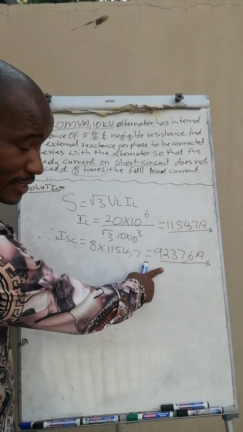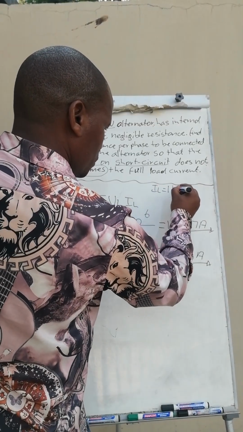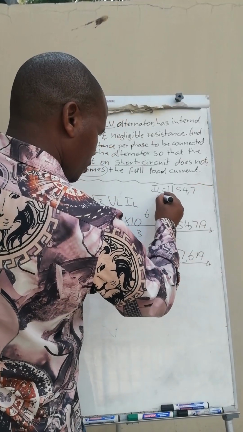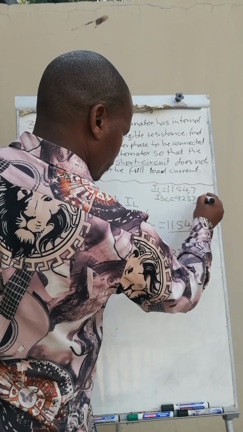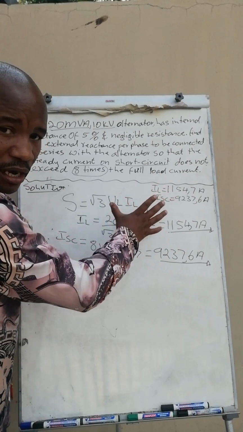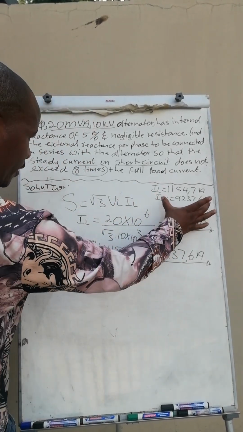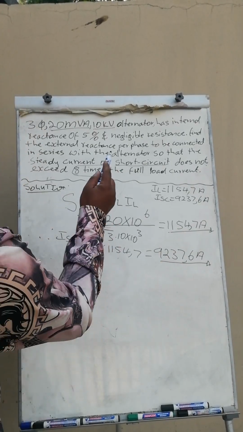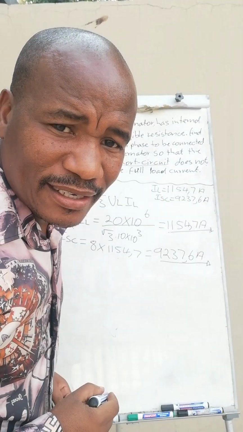So basically, the load current I is equal to 1154.7, and the short circuit current is equal to 9237.6 amps. I'm just writing them down in case I need to erase. Now that I've got that, remember you are requested to calculate the external resistance.